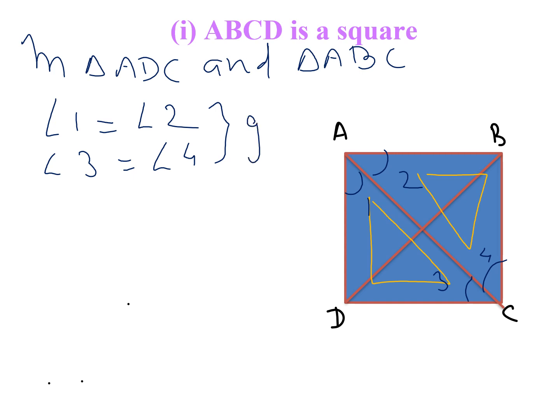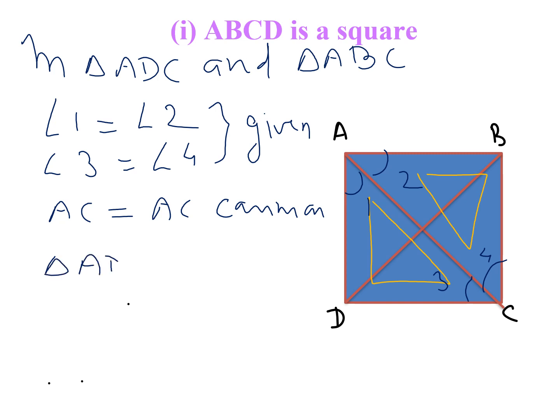These two are already given, and AC is equal to AC, which is a common part in both the triangles. So triangle ADC is congruent to triangle ABC by the angle side angle congruence condition.